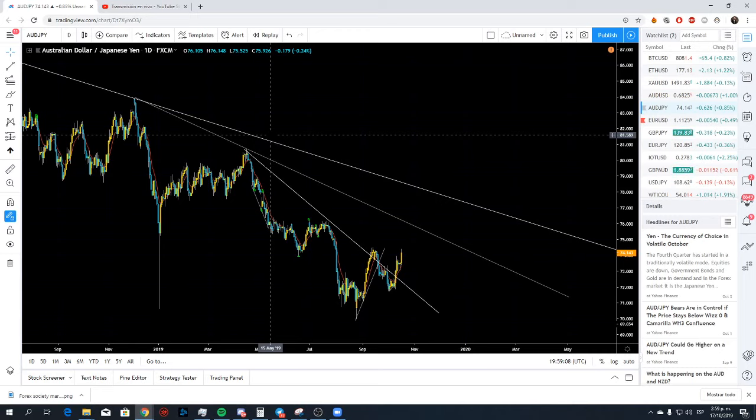If you don't have 3 confirmations, you can't take the trade. I mean, you can, but you shouldn't, because obviously the more confirmations you have, the bigger the chance that it will take profit. So I always aim for 4 to 6 confirmations.